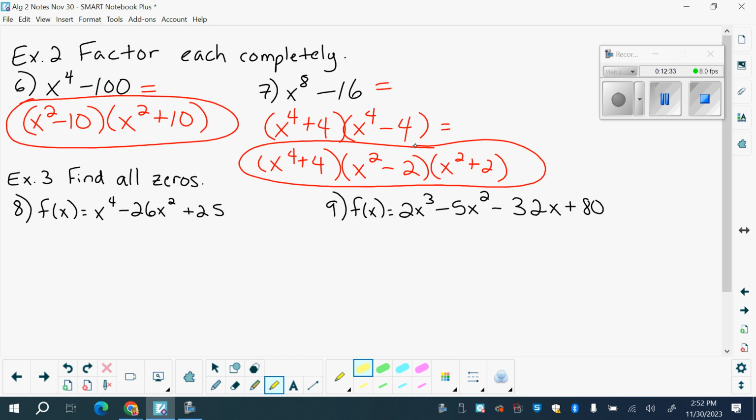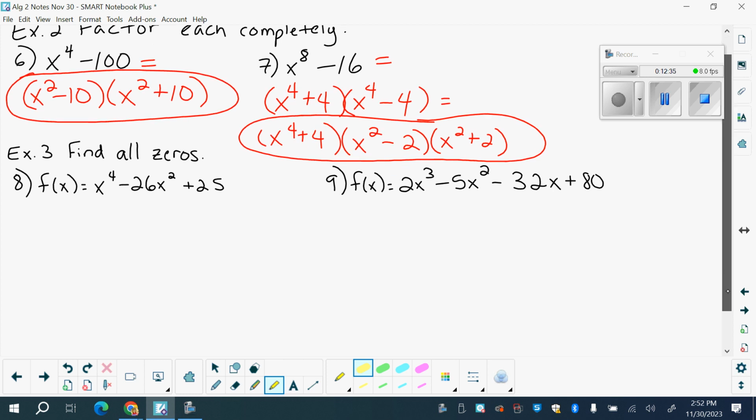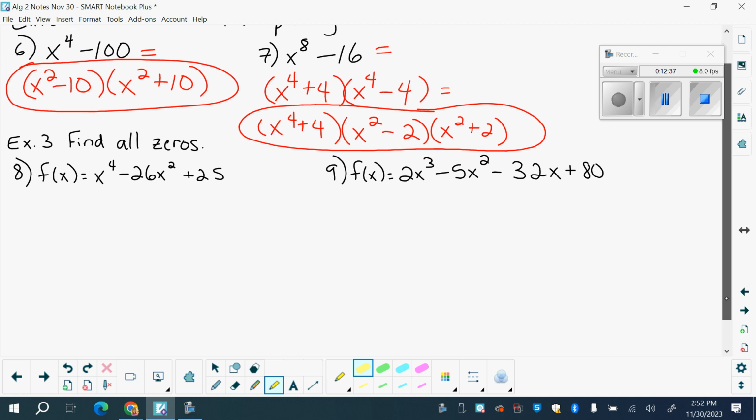Okay, last one. Find all the zeros. So we're first going to set our y value, which is f of x here, equal to 0. Ladies, I'm almost done. 2 more examples. So 0 equals x to the 4th minus 26x squared plus 25.